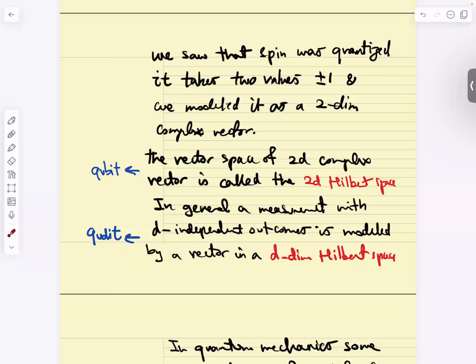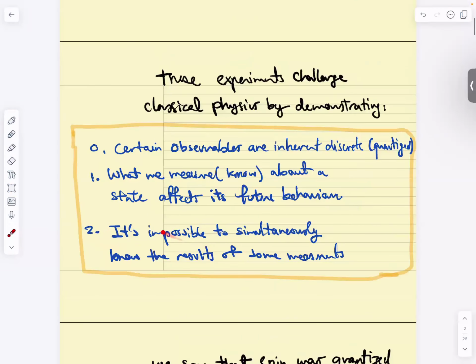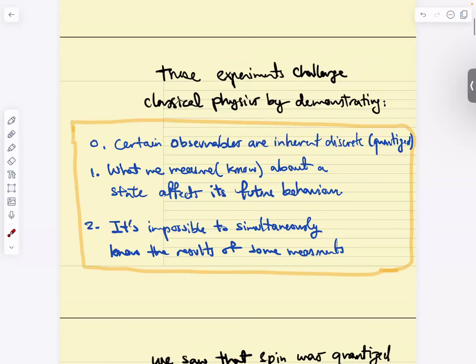So, for example, if it's propagating in the y direction, it's in the xz plane. And then we talked about z polarized light, x polarized light, 45-degree rotated polarized light. And we saw that light's behavior, how it passes through these filters, can actually reproduce this bizarre physics we're observing in Stern-Gerlach.